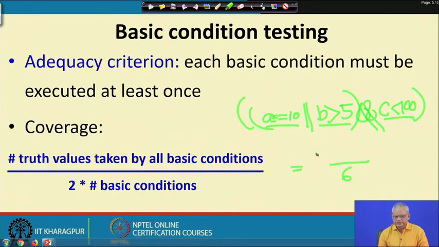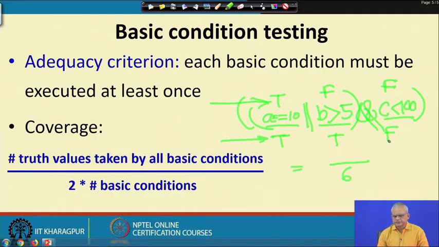Now, let us say we designed a test case which made this true, false, false. The second test case made true, true, false. So, this is the first test case outcome, this is the second test case, and using 2 test cases we achieved this coverage of the basic conditions.